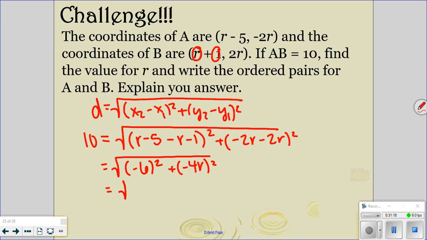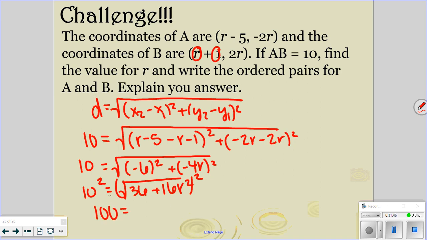So negative 6 squared is 36, and negative 4r squared, so negative 4 squared is 16, and r squared is r squared. From there, we're going to square both sides so that we can get rid of the square root. So 10 squared is 100.